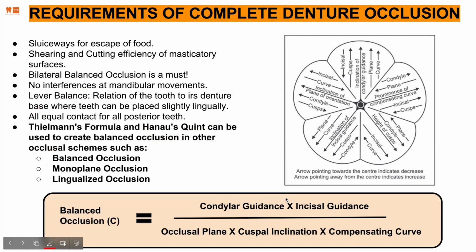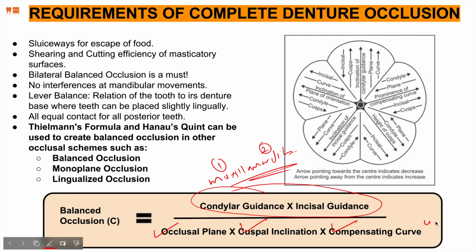Condylar guidance and incisal guidance are what's related among both maxilla and mandible together, right? They're maxillomandibular. So any relation that is associated with both the jaws is at the top. But occlusal plane, cuspal inclination, or compensating curve, they're all within the same arch.